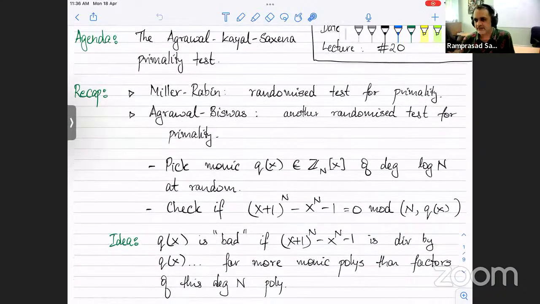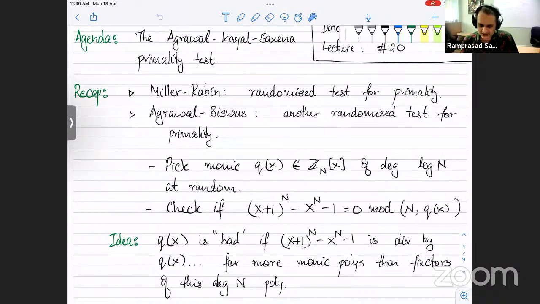Now, what is the rough intuition as to why this algorithm should work? The point is, when will a choice q of x be a bad choice? A q of x will be a bad choice when this happens to be a non-zero polynomial, but unfortunately is divisible by q of x. Because then we are trying to show that this is not equal to 0 for a suitable choice of some composite number n, but somehow it's equal to 0 mod q of x because of a stupid reason, that q of x divides this polynomial.